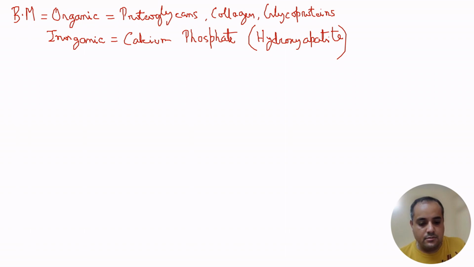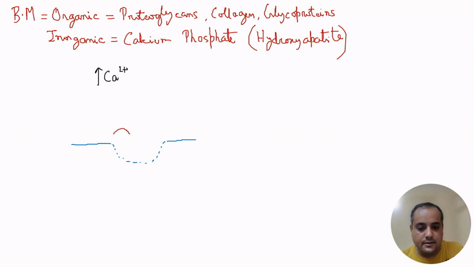So now, in the region where the resorption of the bone is occurring, the concentration of calcium will be high because this calcium phosphate will be released. So as we have already discussed, suppose this is the surface of the bone where resorption is occurring, and this is where our osteoclast is. So this is the osteoclast.